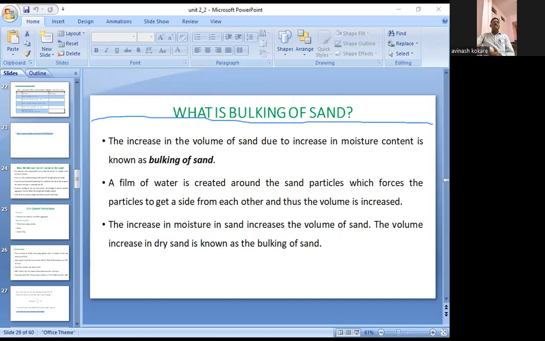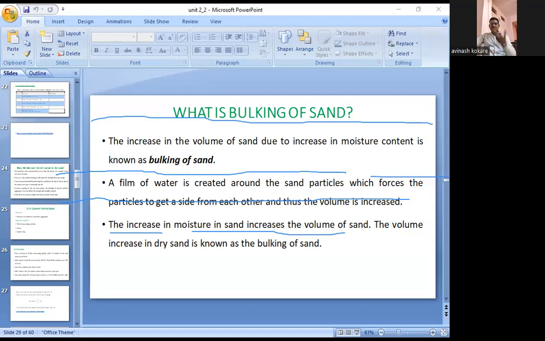Generally we can say a film of water forms around the sand particles, which forces the particles to move apart from each other, and thus the volume is increased. So around the sand, if any moisture is present, then the volume of sand will increase.